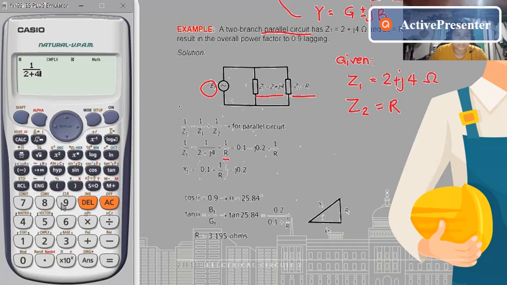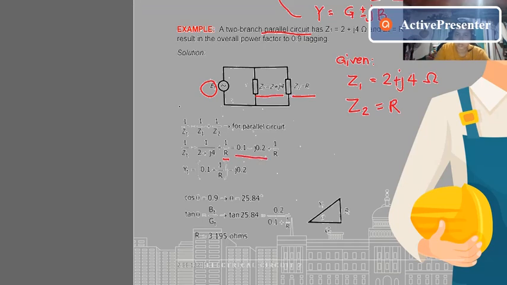Our answer will be 0.1 minus j0.2, plus our second impedance, 1 over R. So substitute to solve for R. Therefore, 0.1 plus 1 over R minus j0.2.